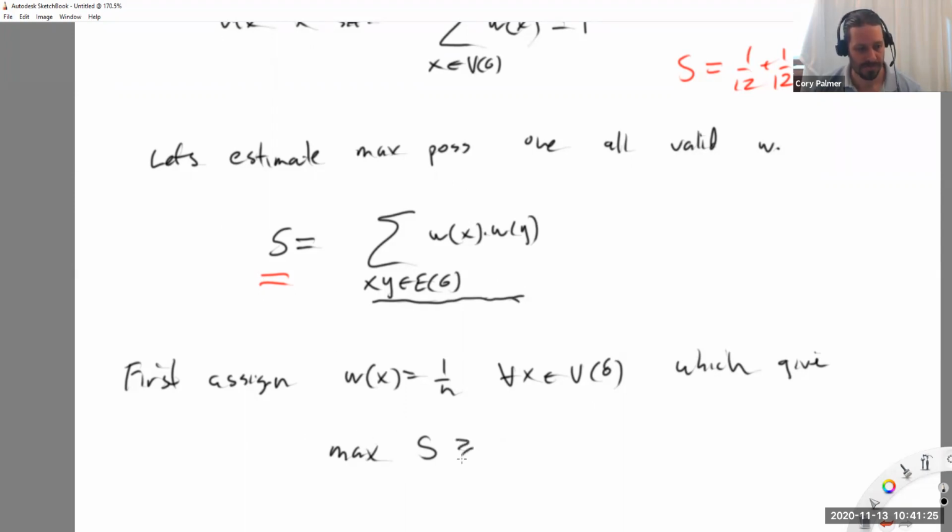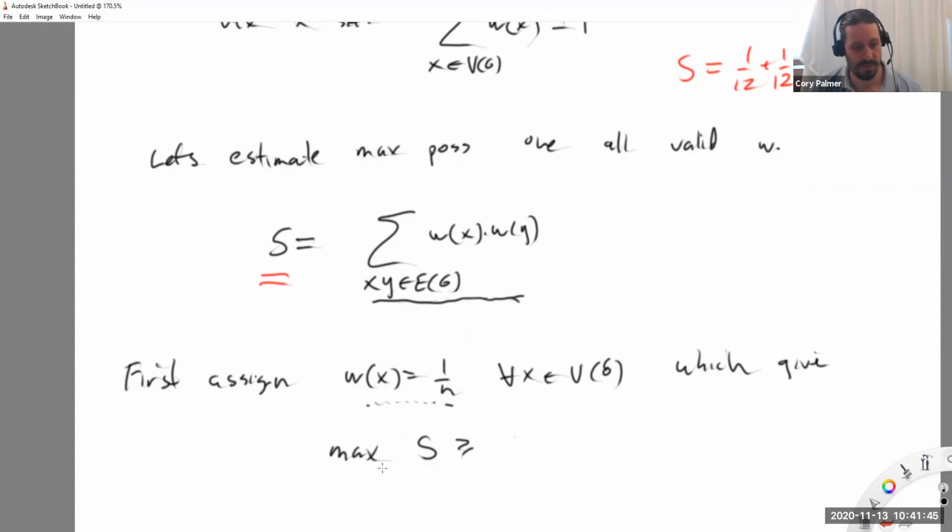And this is lower bounded by, well, what do the terms in this sum look like in this specific assignment? For every edge, compute w_x w_y. Well, w_x w_y is just 1 over n squared, because both take on 1 over n. So the terms in the sum are identical, and there are E(G) many terms.